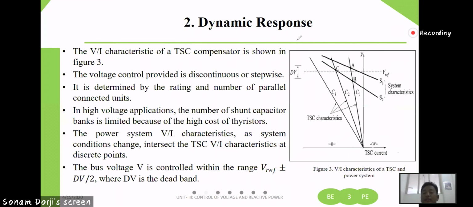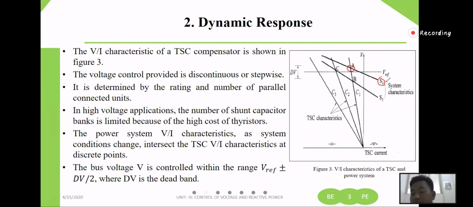Normally TSC will not consume the reactive power, but it will inject the reactive power. So see here, when system 1 is like this, system 1 characteristic, at least you have a voltage within the acceptable range, at the same time it is at a higher value, above the V reference.